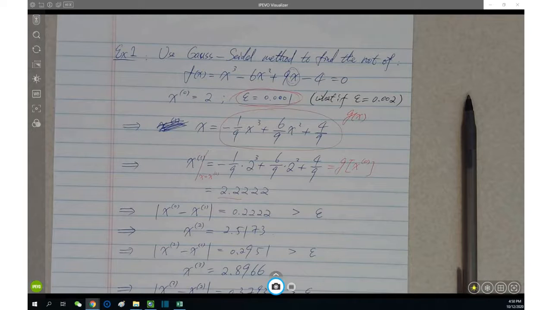I give you guys some time, 2 to 3 minutes. So I got the 7th iteration, which is equal to? 3.998. Good, very good.